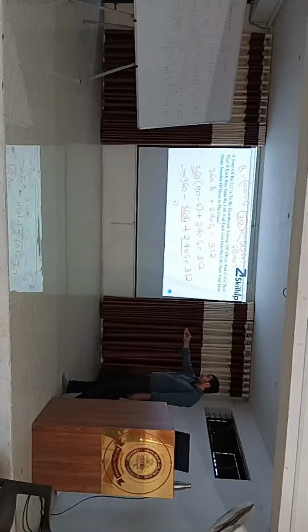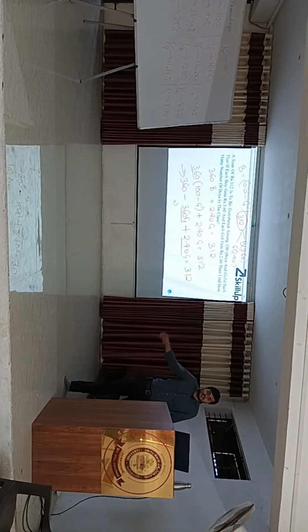3.6 into 100, how much? 360 minus 3.60 girls plus 2.40 girls equals 312.